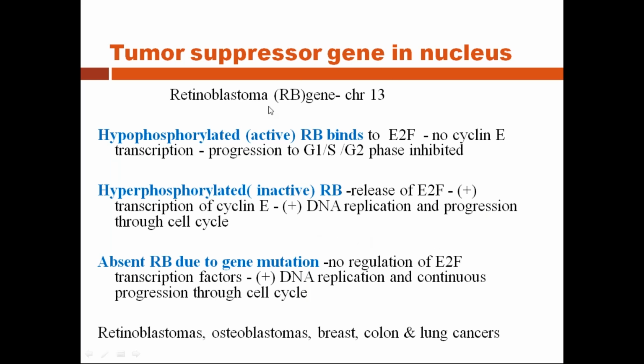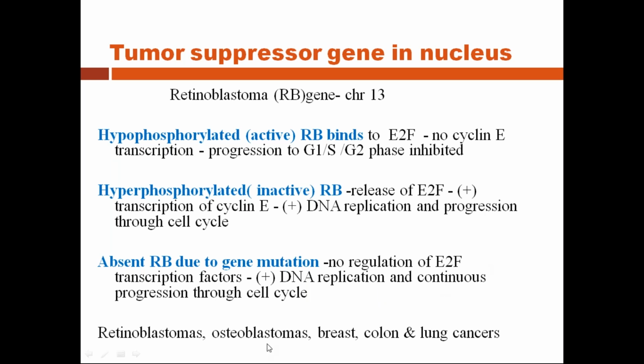Once this gene is mutated, both the copies undergo mutation, so the RB retinoblastoma gene is either absent or in the inactivated state. So there is no inhibitory control on E2F. So there is continuous replication of DNA and continuous multiplication of the cell.